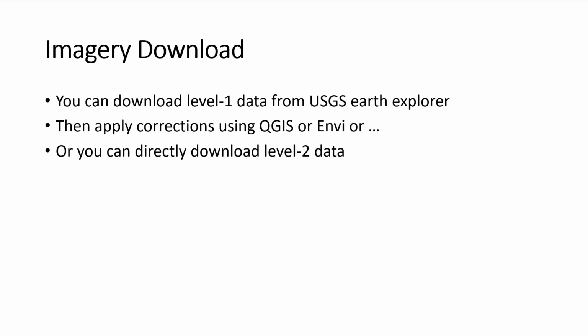Then you have to apply some correction algorithms, like radiance to reflectance, or you can directly download level 2 data, where corrections are already applied, so you don't have to transform DN value into surface reflectance data.